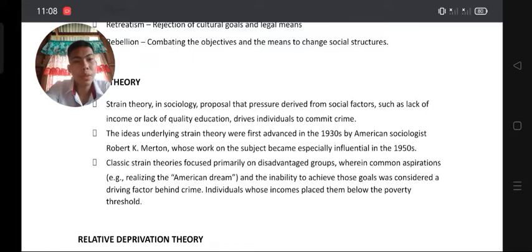Classic strain theories focus primarily on disadvantaged groups, wherein common aspirations, such as realizing the American dream, and the inability to achieve those goals was considered a driving factor behind crimes, for individuals whose income placed them below the poverty threshold.